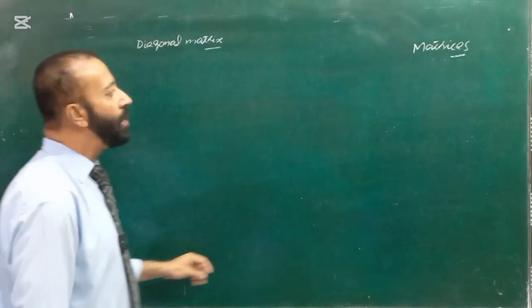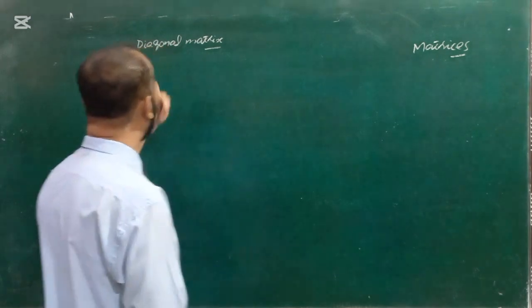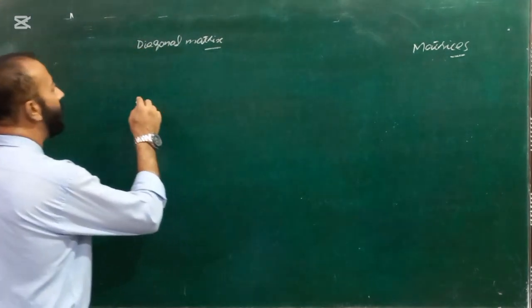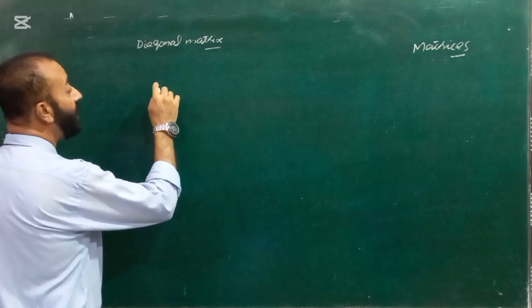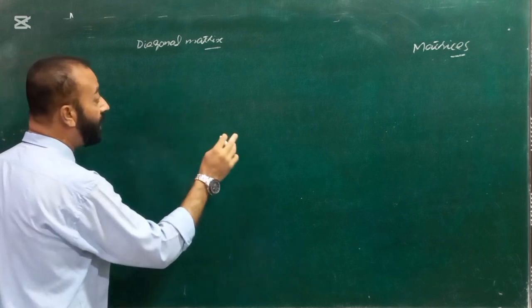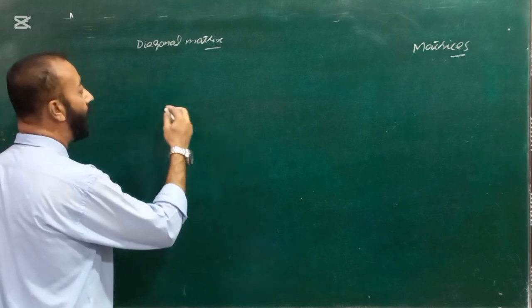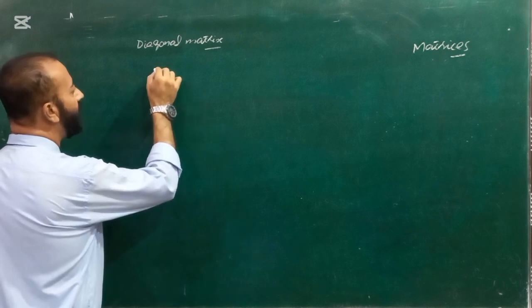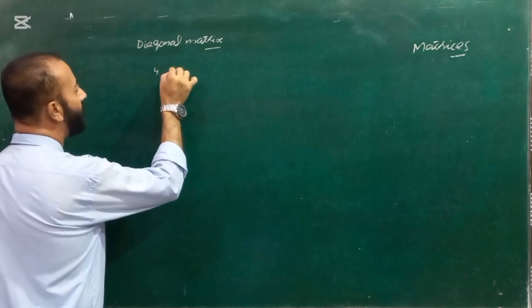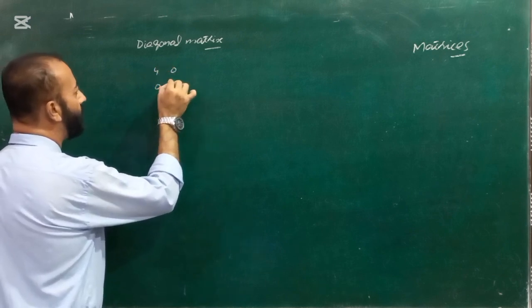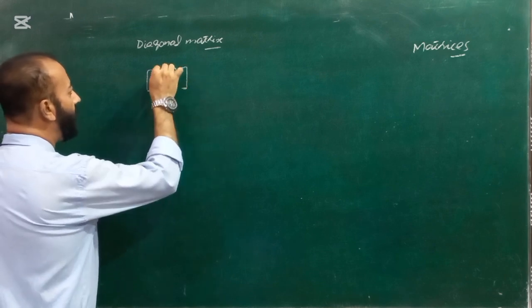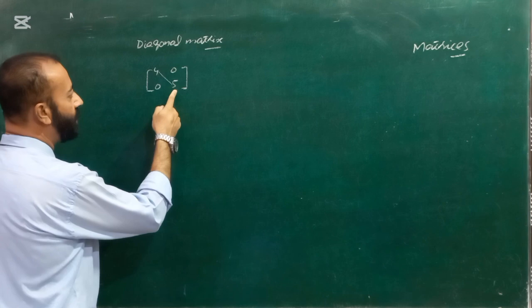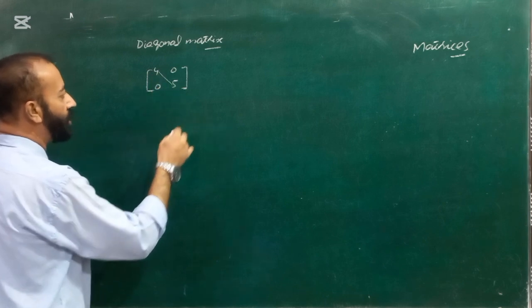Next type which we are going to read in the matrices is a diagonal matrix. So look now, the diagonal matrix is a matrix in which the entries other than the leading diagonal are 0. Examples are here, for example 4, 0 and 0, 5. So you can see the leading diagonal is non-zero and other than the entries are all 0.